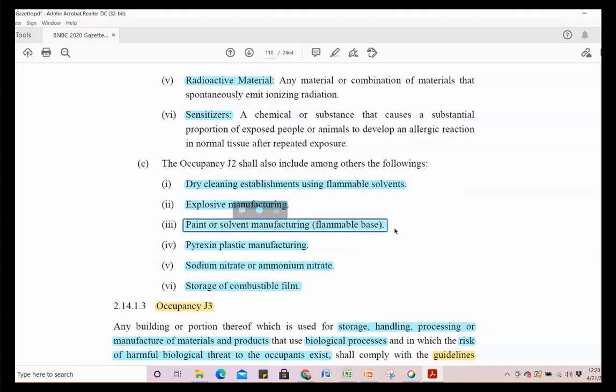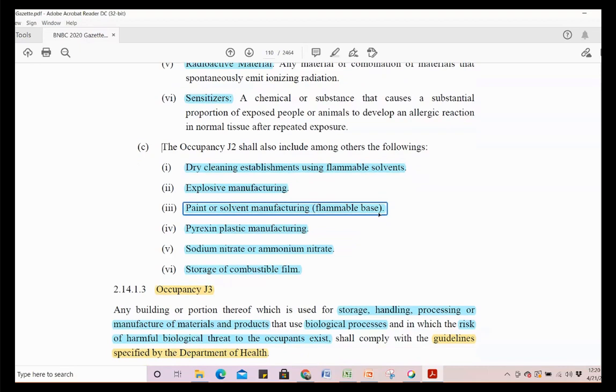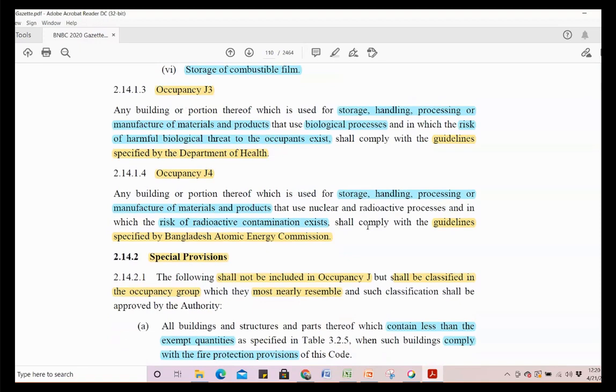Paint and solvent manufacturing, flammable base, will be J2. Pyroxylin plastic manufacturing will be J2. Sodium nitrate and ammonium nitrate will be J2. Storage of combustible film is J2. So all these items, where present, will become hazardous occupancy J2.